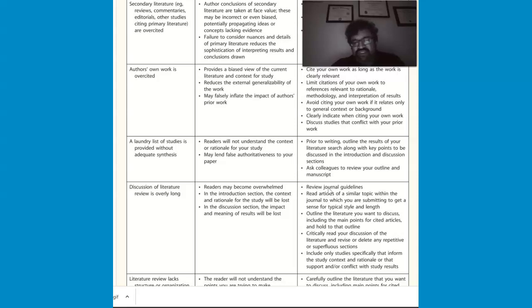So the best way to do this is ask colleagues to review your outline and manuscript prior to writing. Outline the results of your literature search along with key points to be discussed. I oftentimes tell students to look at key themes. What are some main ideas that are emerging as you're doing the search?